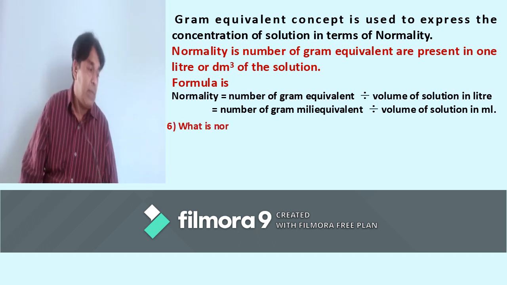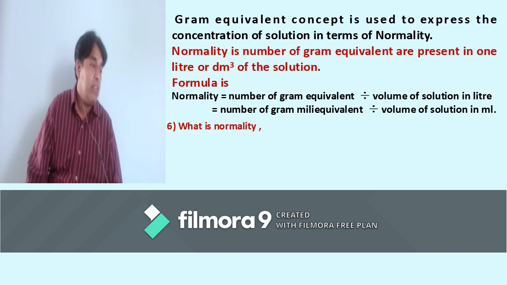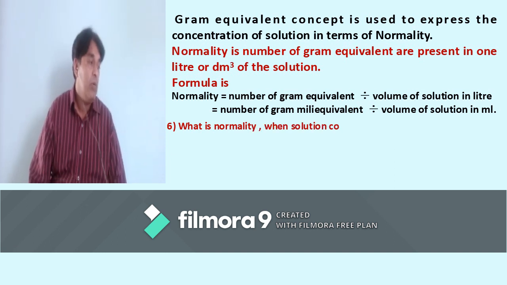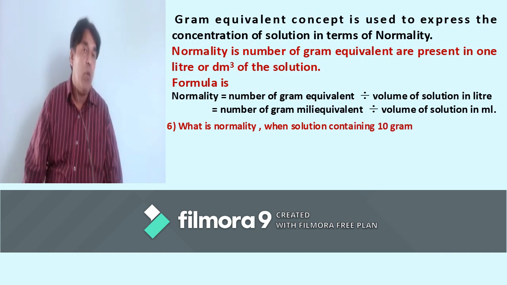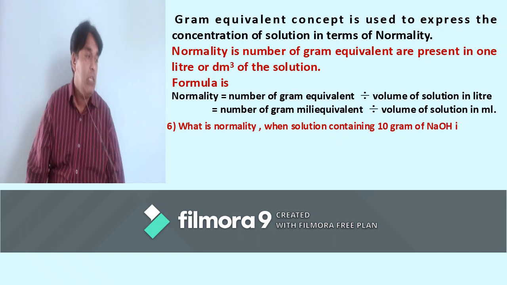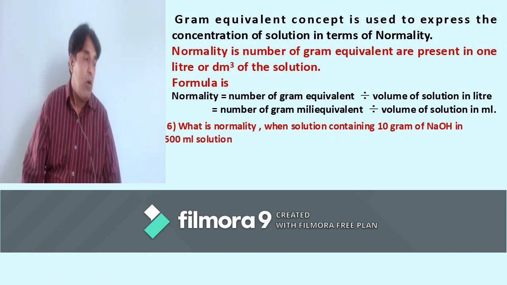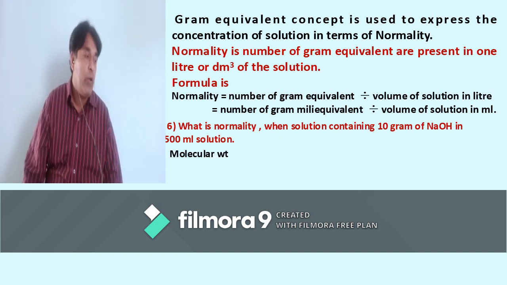What is the normality of a solution containing 10 grams of NaOH in 500 ml of solution? Friends, the molecular weight and equivalent weight of NaOH is 40. Therefore, number of gram equivalent equals given weight upon equivalent weight, 10 upon 40, that gives 0.25.